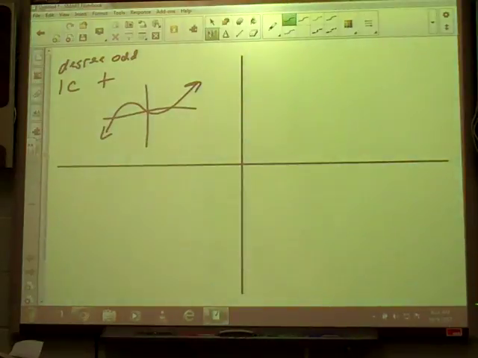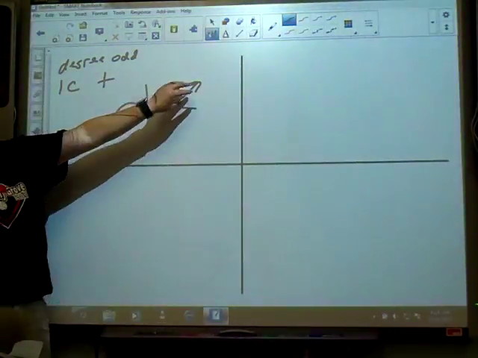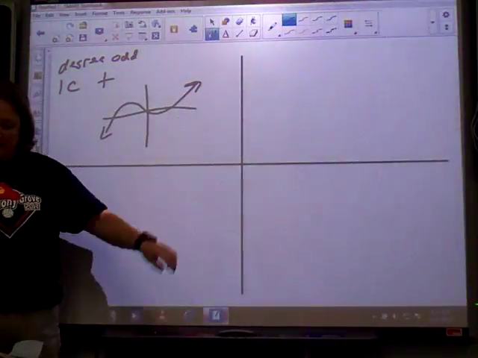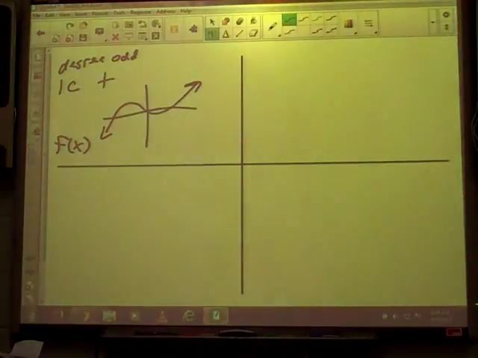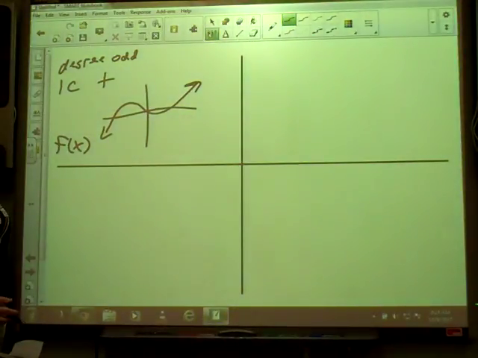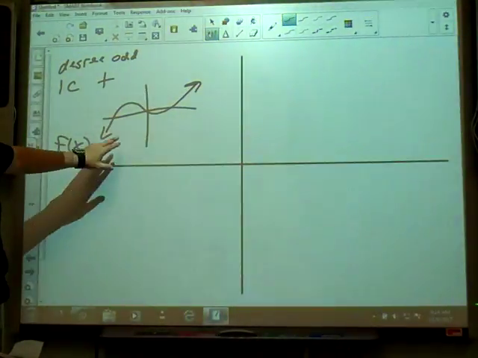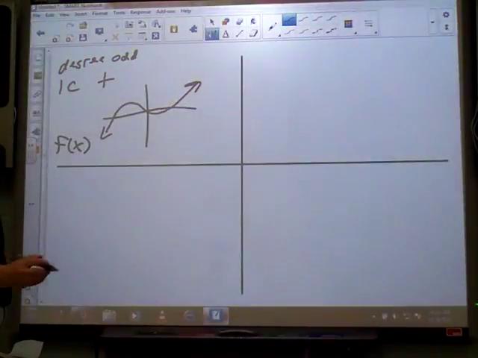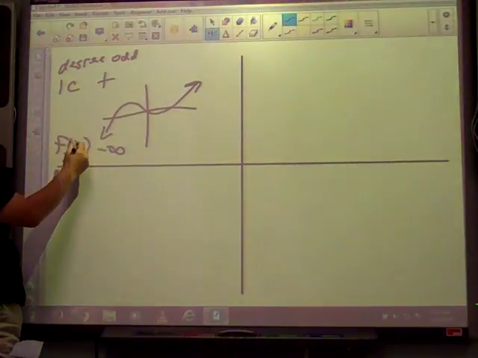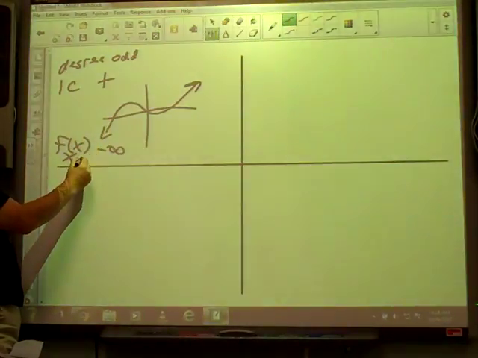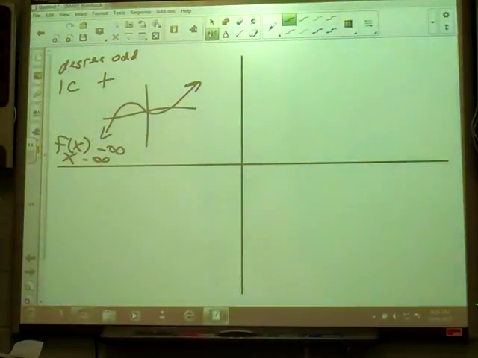Now, end behavior. When you're asked about end behavior, that means what the graph is doing as it keeps going forever. So f of x, which we know is the same as y, on this end over here is going to keep going down, which would be negative infinity. X on this section over here keeps going to the left, which would be negative infinity.